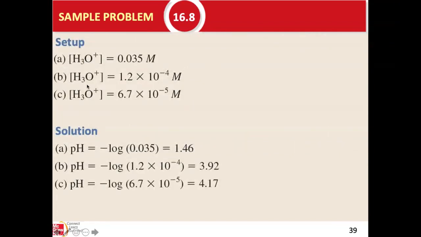So if you want to find the concentration of the hydronium ion, it is equal to the concentration of the strong acid. But if you need to find the pH, pH is the negative logarithm of the hydronium ion concentration, so you put in the hydronium ion concentration and you will find the pH of that acid. You can only do that when you have a strong acid, when you know the concentration of the hydronium ion.